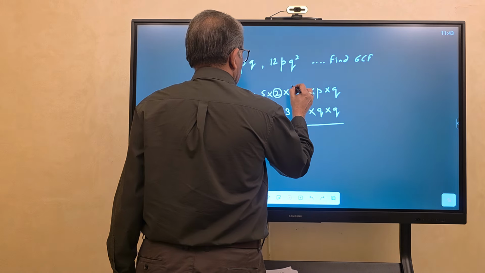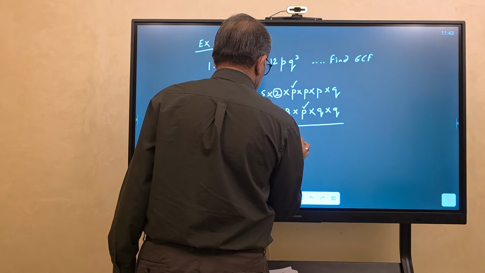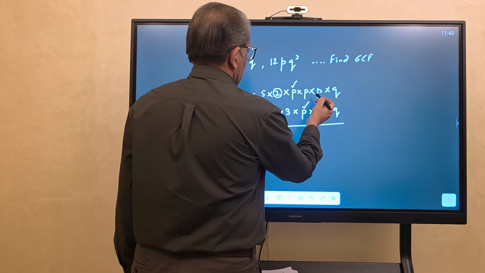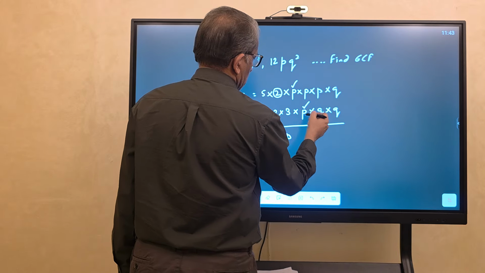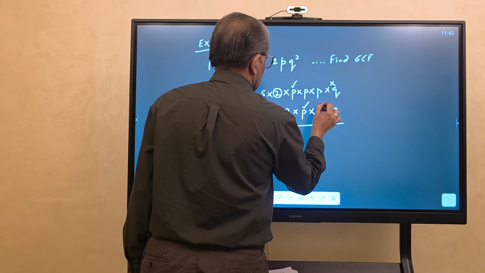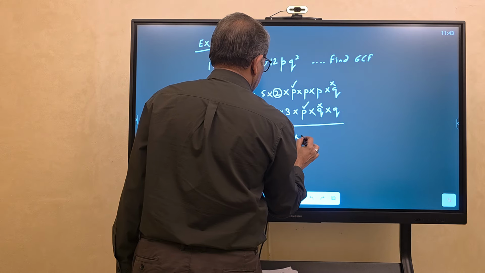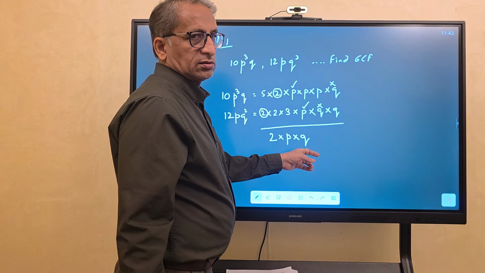Then we have P and P. I will write P. Then we have another P, but there is no P here. So P is occurring only once. Then I come to Q. The Q is occurring once, so I write it here.